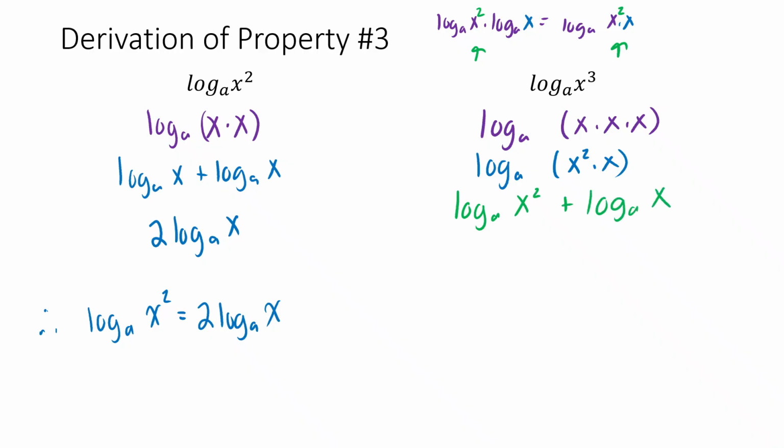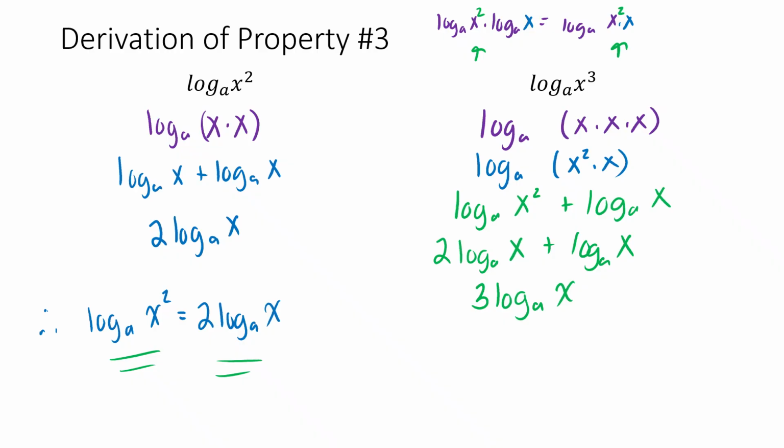But what did we just show? We just showed that log base a of x squared was equal to 2 log base a of x. So log base a of x plus 2 log base a of x is 3 log base a of x. Therefore, log base a of x cubed is equal to 3 log base a of x.